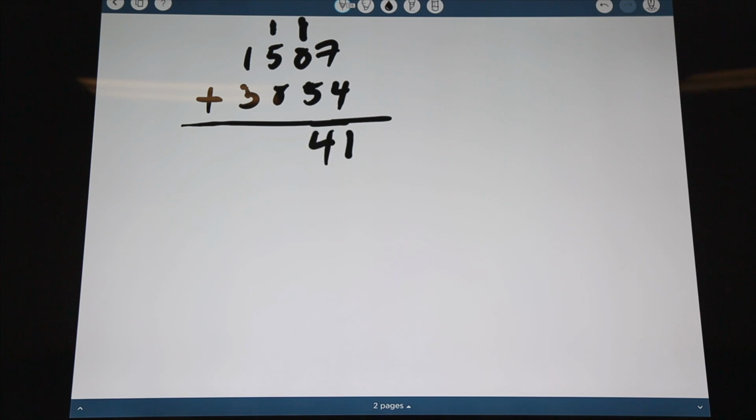Carry 1. 8 plus 5, 13. Plus 1, 14. Carry 1. 3 plus 1, 4. Plus 1, 5. So what do we have? 5,441. Okay, sorry, I made a mistake along the way, so this is why we have to do it carefully. What is also very important, guys, is that you show your work.